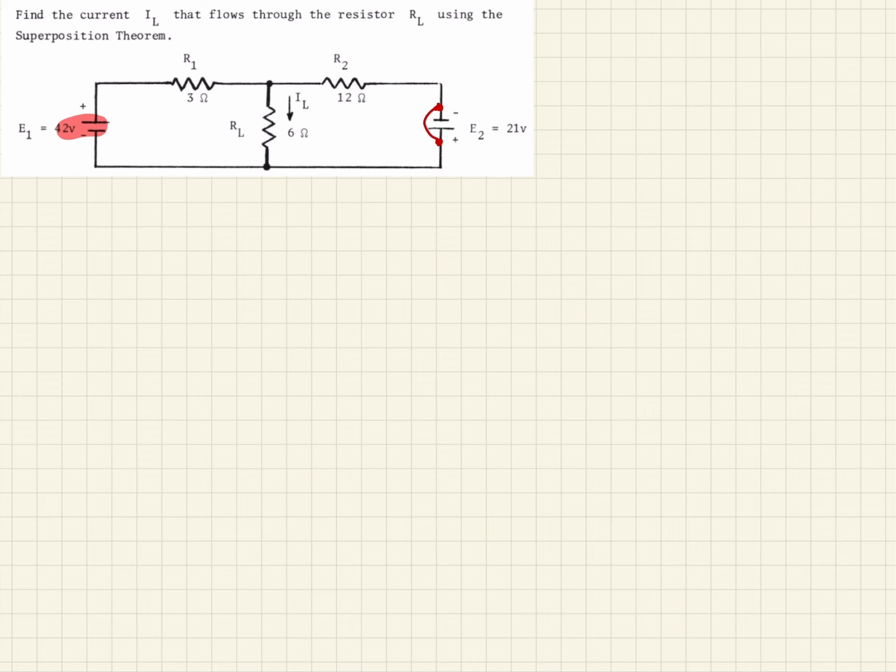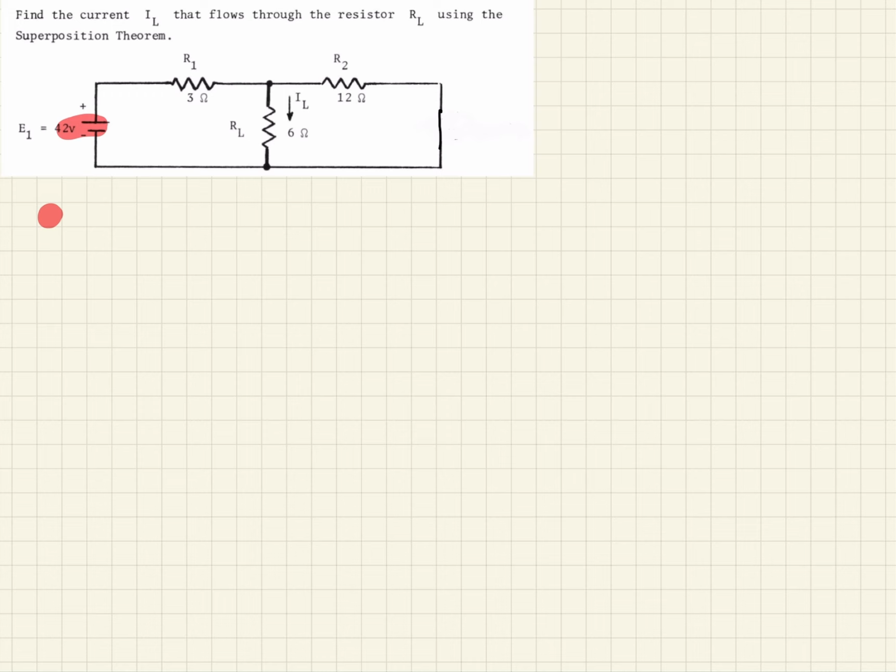Now we notice in our circuit, we could actually redraw this in such a way, and let's do that real quick. And so it's like this isn't here, and so then we short this out. So when we do that, we can calculate the current IL from this source.